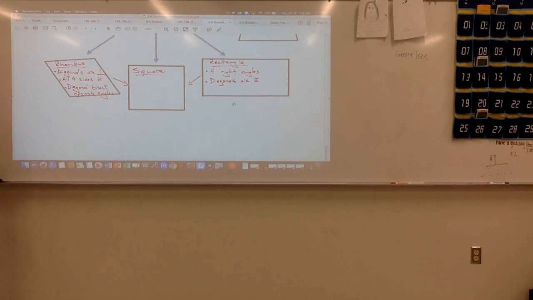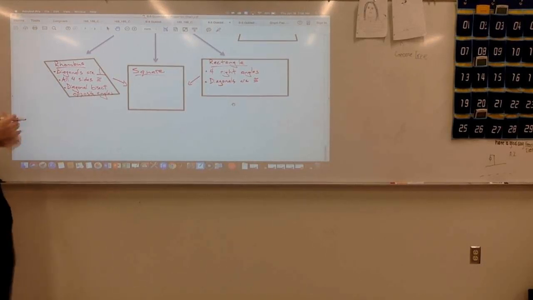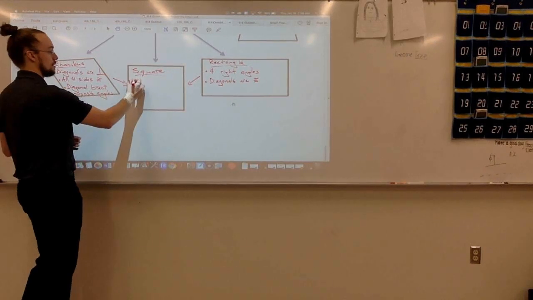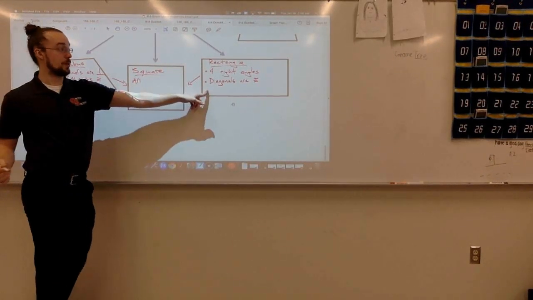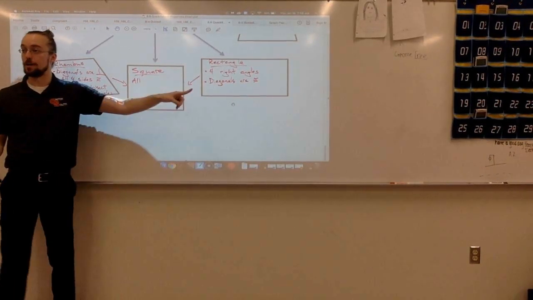So then, finally, a square just has all of the properties of a parallelogram, a rhombus, and a rectangle. Right? There is no additional property for a square. Okay? So it's just, that's true because it's a rectangle.